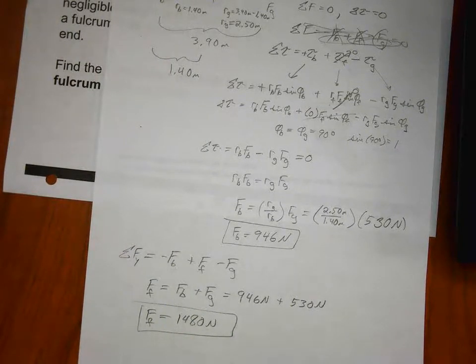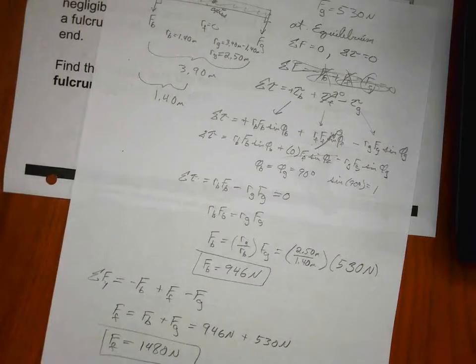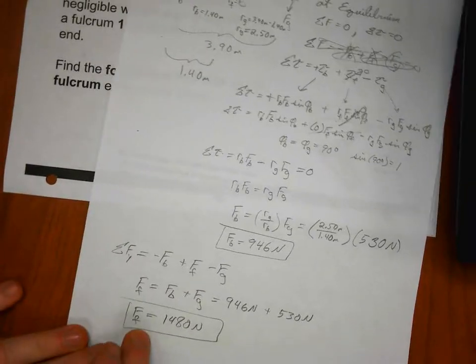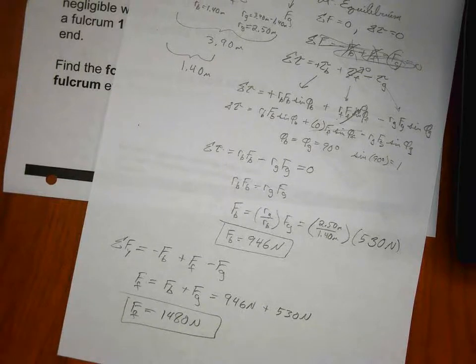But I'm just talking about the magnitudes, and I'm inserting a negative in front of the magnitude to show, because I know it's working downward. So that's why my answer is going to be positive. But I know that is just the magnitude. The direction is going to be, well, positive for the fulcrum, but negative for the force on the bolt.